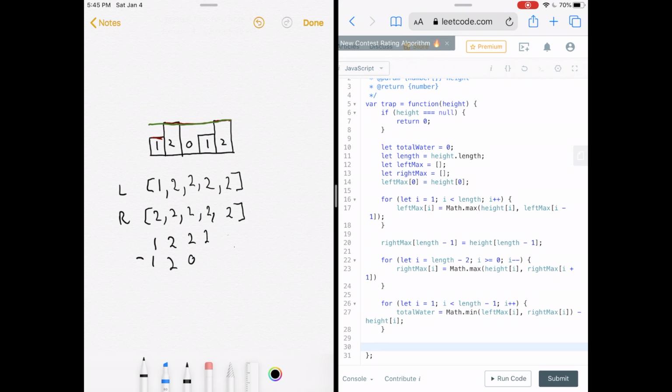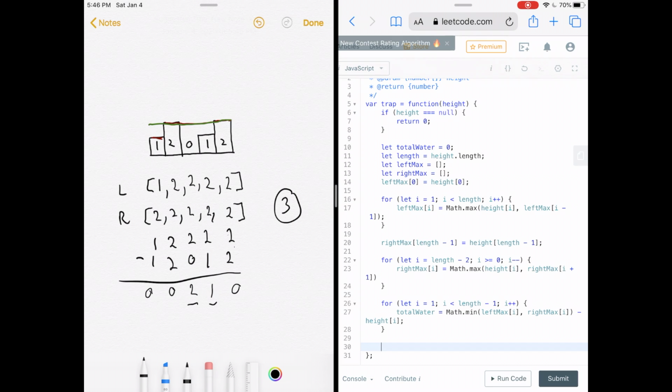Next one, potential max of 2, but a building there with a height of 1, so we have to subtract that out. And finally, potential max of 2 there, but also a building with a height of 2 there, so we have to subtract that. And that would give us 0 here, 0, 2, 1, and 0. What's 2 plus 1? That would give us total water of 3.